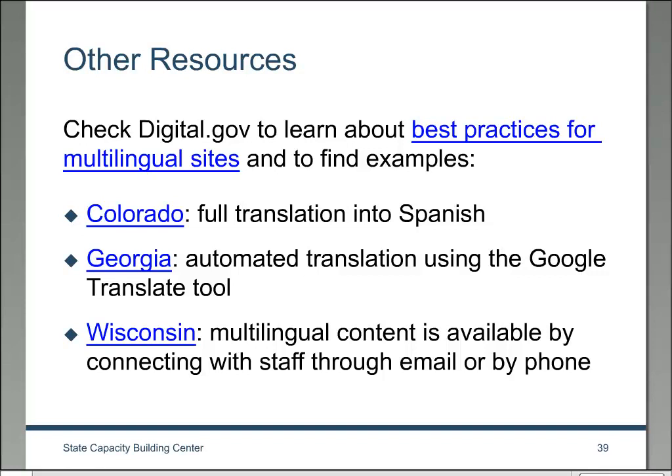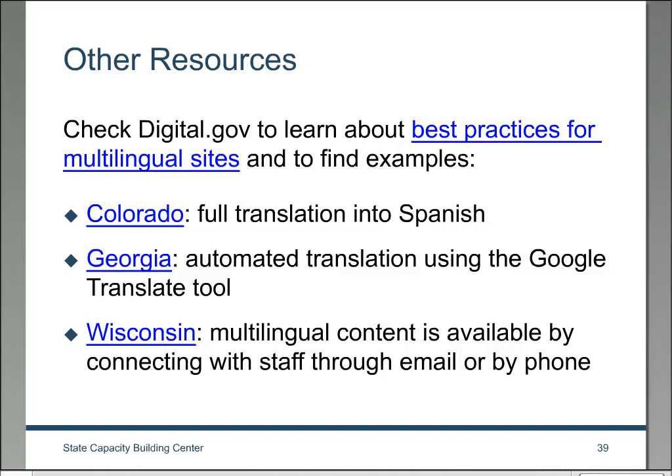There are many other resources available, and as was mentioned in the chat, the slides will be available, so you can check out these links if you don't have a chance to right now. But digital.gov has a lot of best practices about creating multilingual sites, and of course there are several examples out there in the wild as well that you can check out.